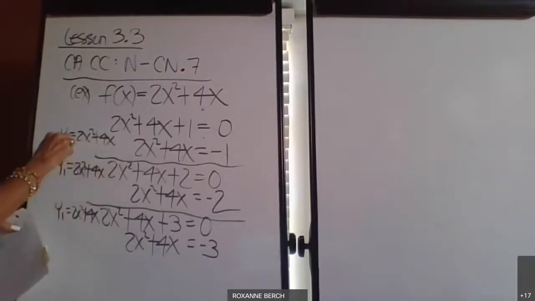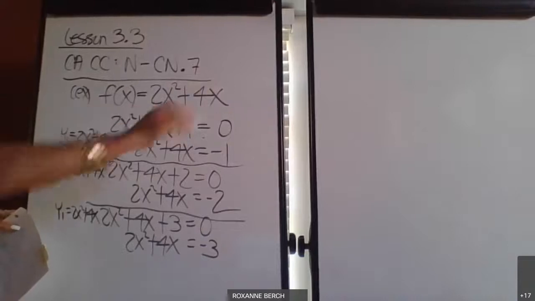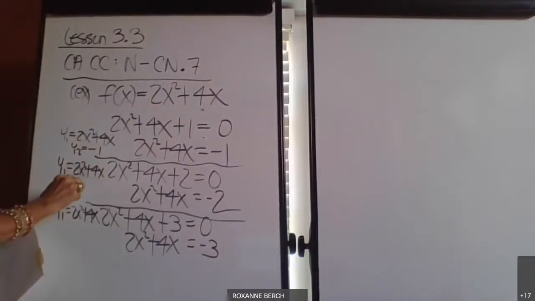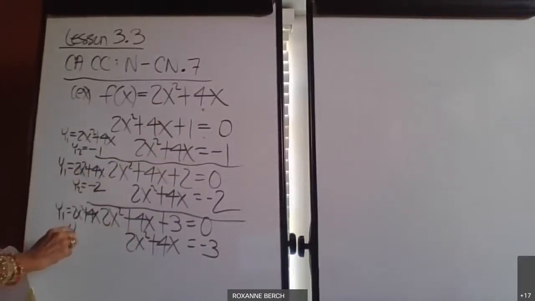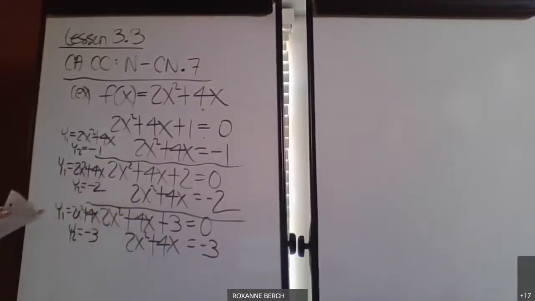For this problem, y sub 2 is going to be a horizontal line through negative 1. Y sub 2 on this problem is going to be y equals negative 2, which is a horizontal line through y equals negative 2. And y sub 2 on this one is going to be negative 3, which is a horizontal line going through negative 3.